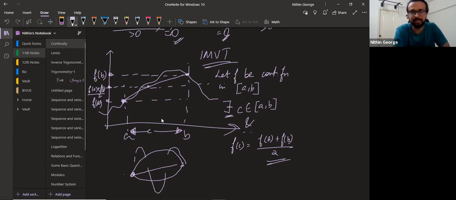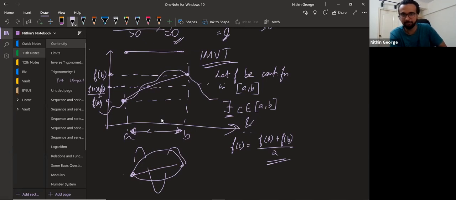So even if it's a straight line, in the sense it's a constant value, like f of A is equal to f of B. Okay. Alright. So this is the value A, this is the value B, and f of A is equal to f of B. What about f of A plus f of B by 2? It should be lying on the same line, right? It's f of A or f of B itself again. Are you getting this?